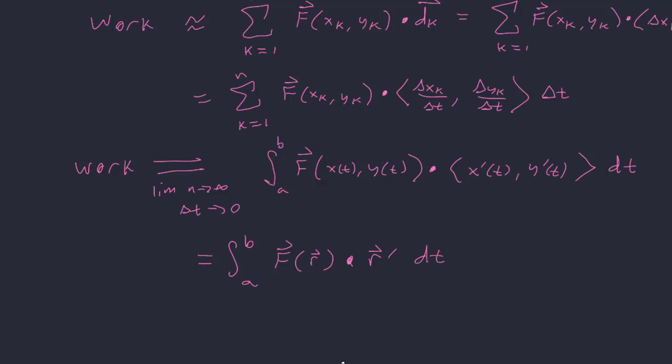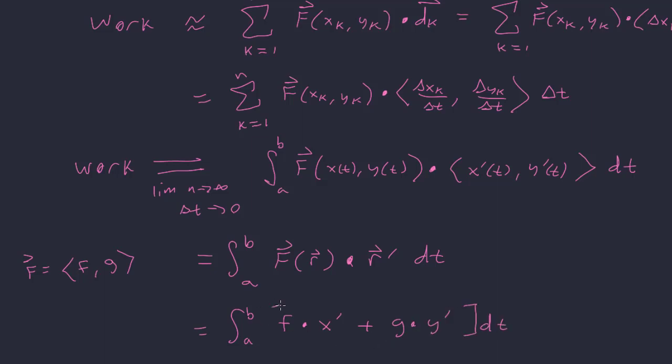Okay, and remember what the dot product does. This will be the integral from a to b of, well, remember what F is. F is a vector field. Let's say it might be f comma g, and those are also in terms of x and y. But what the dot product is going to do is f dot x prime plus g dot y prime dt.